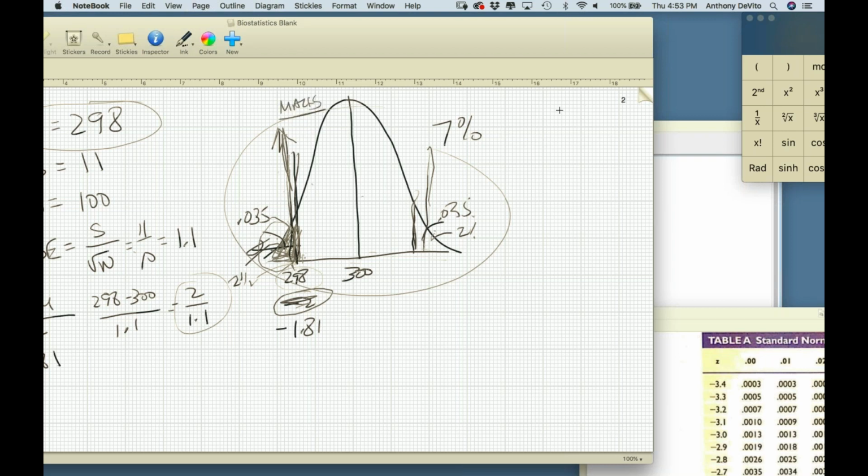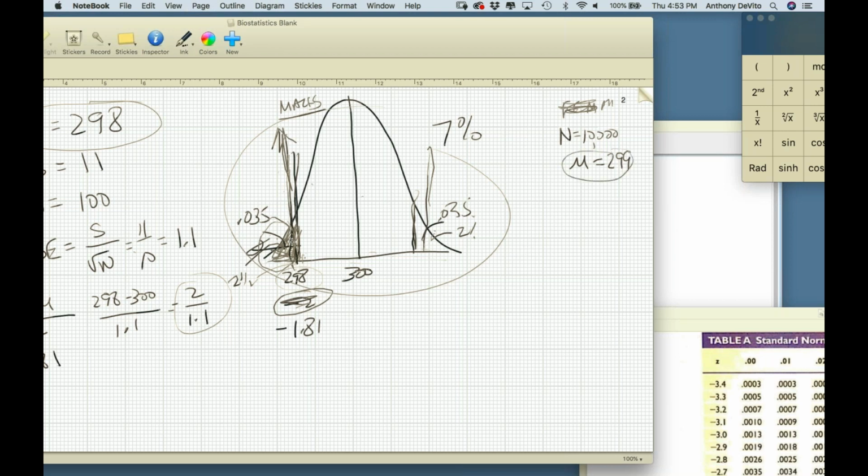Then I test many females, say I test 10,000 females, the whole population, so that I know that the mean for females is really 299.